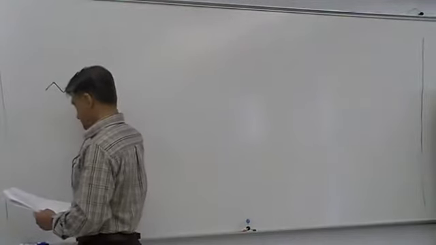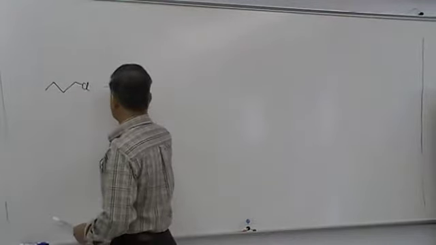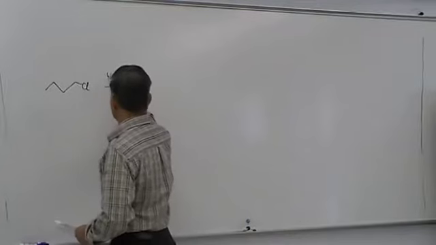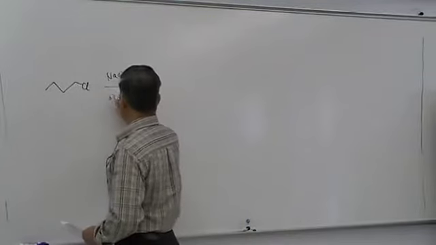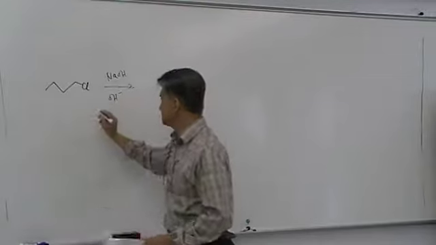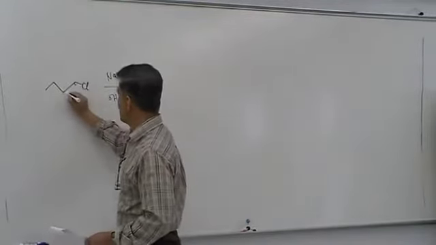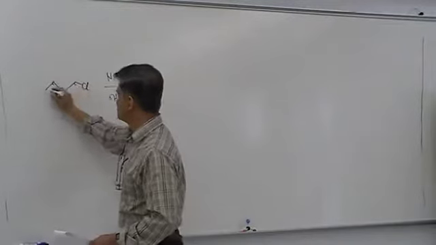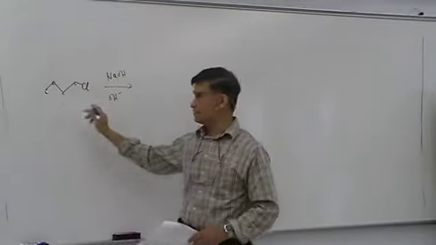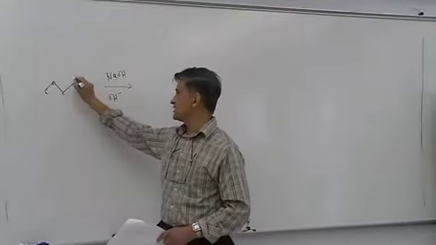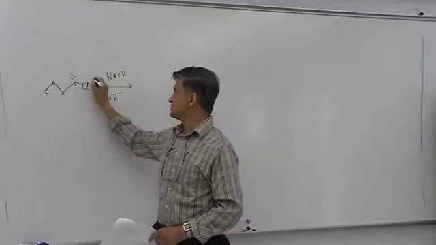That's Cl. And say I'm reacting it with sodium hydroxide. Sodium hydroxide is going to give OH minus, and OH minus will be looking for this carbon. Keep in mind, this carbon is the positive center, because Cl is attracting electrons away from carbon, so that makes it delta plus. This is delta minus.